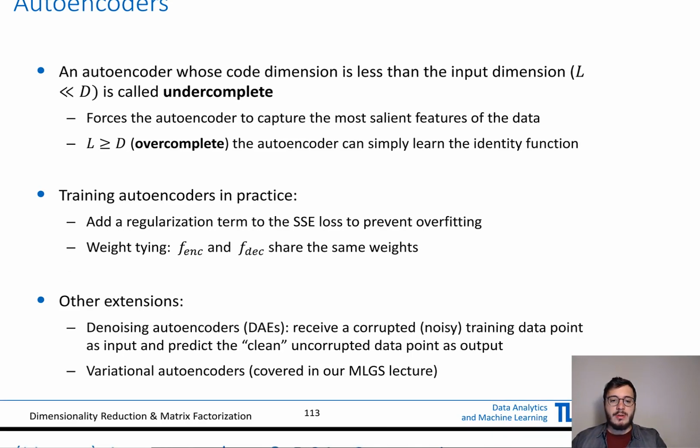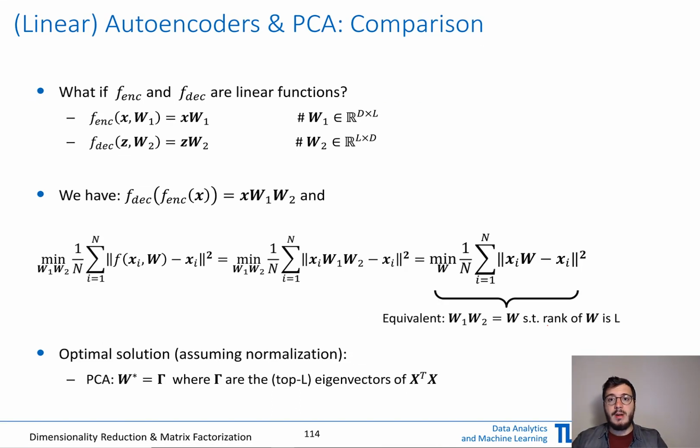Now, I also want to talk about what happens when the autoencoders implement a linear function. That is, instead of having some complicated neural network applied on the input, we're asking what happens when the encoder and the decoder are only linear functions. In other words, we take the input and apply a linear transformation with some weight matrix W1.